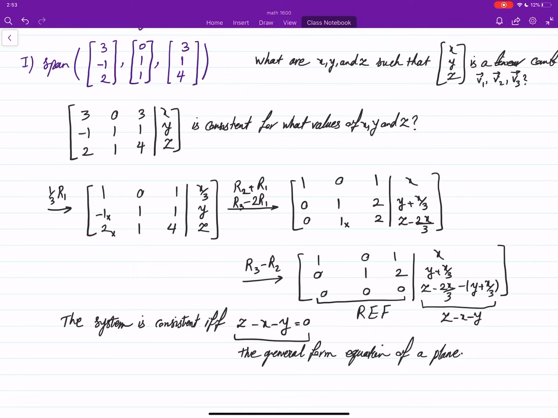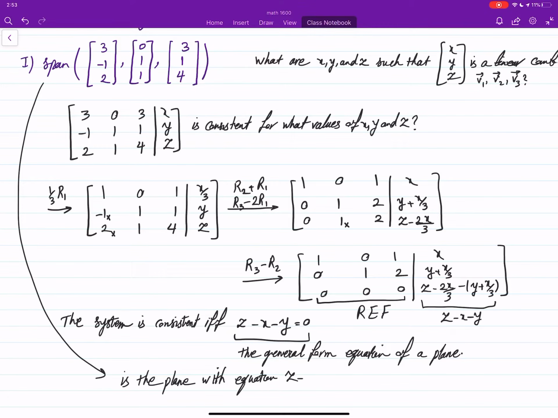And yes, the span of these three vectors is the plane with this equation. So the span is the plane in R3 with the equation z minus x minus y equals 0. So that describes everything we are interested in to know.